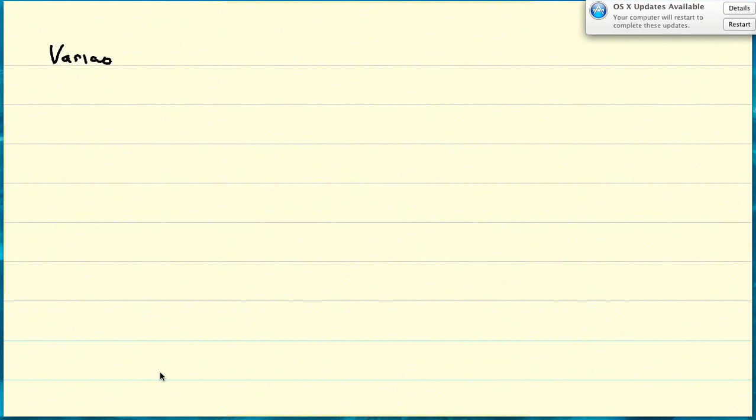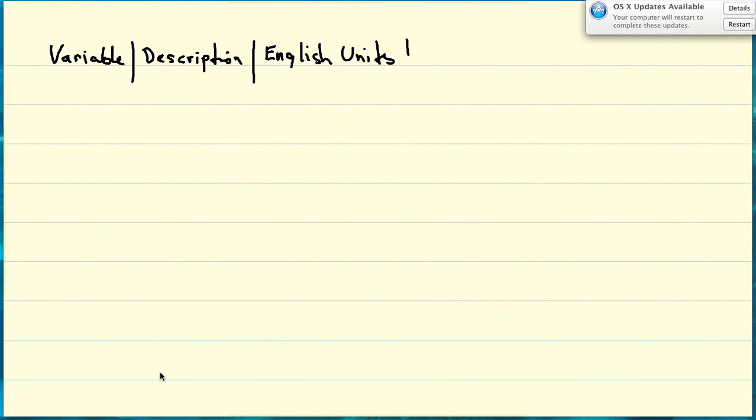So we'll have our variable and a description, the English units that you'll want to use when using this equation, and then the metric units that you will want to use.